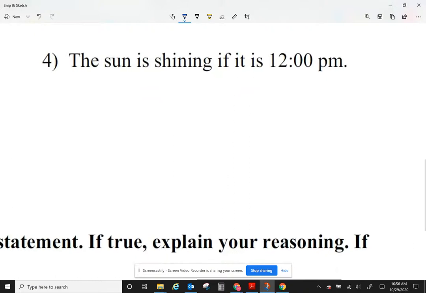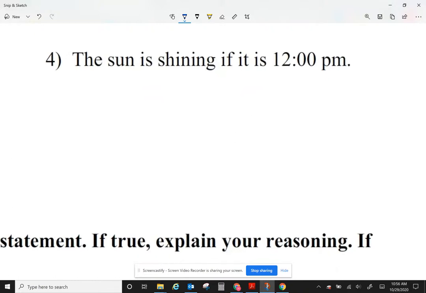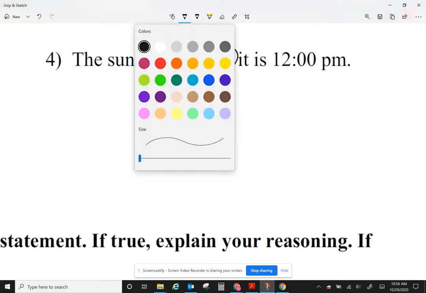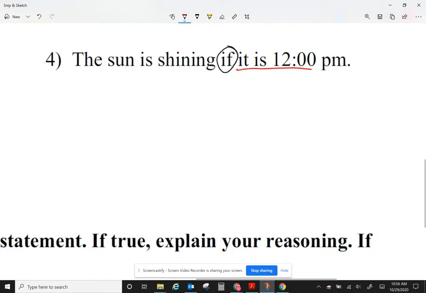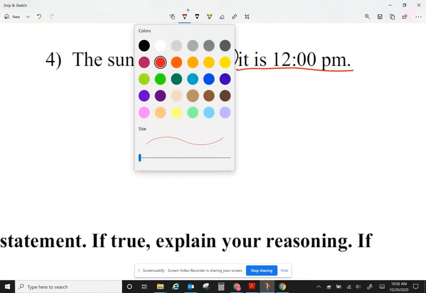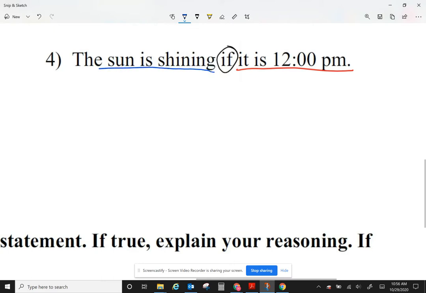Now for our last example, let's take a look at number 4. The statement here says the sun is shining if it is 12 o'clock p.m. I can see my if part. My hypothesis in this case is at the end. My conclusion in this case is at the beginning. My hypothesis is the if part.